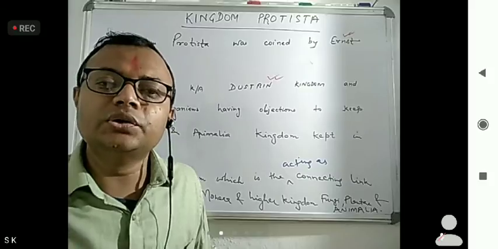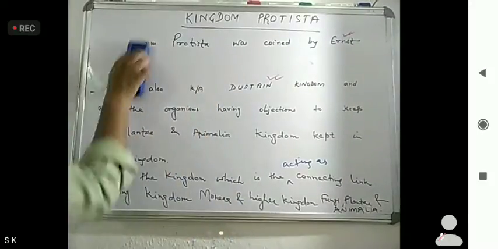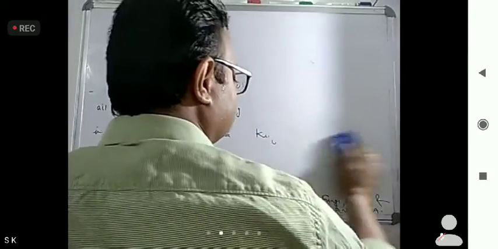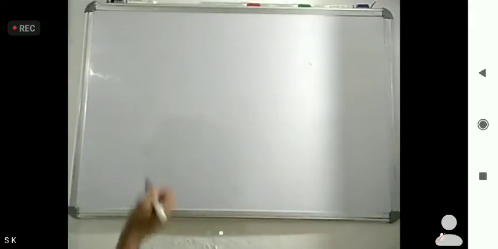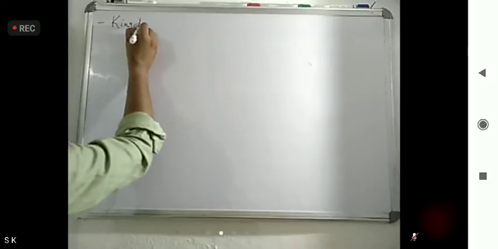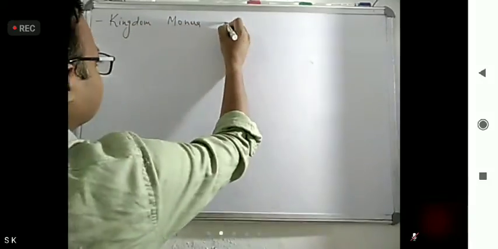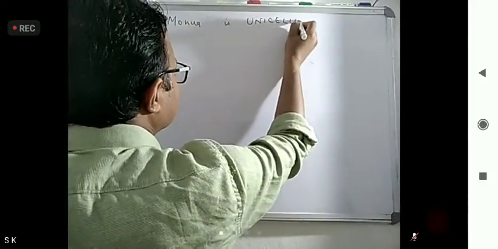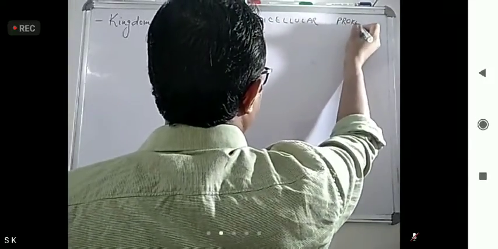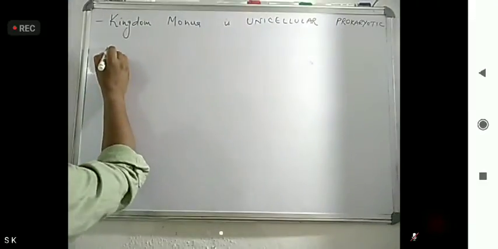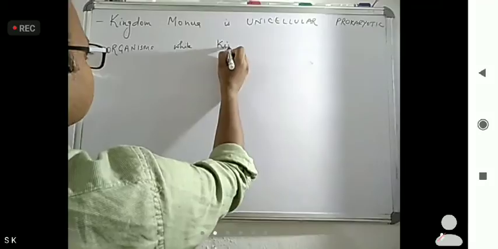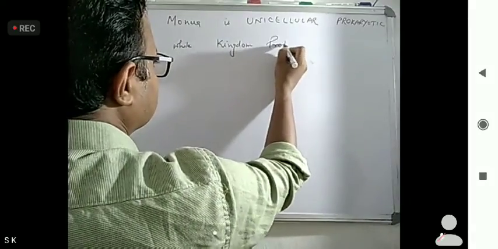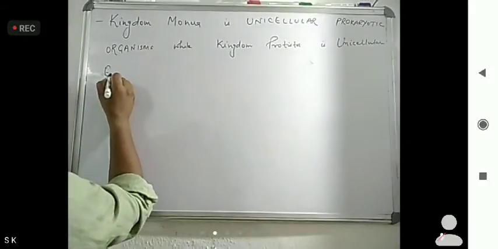Kingdom Monera is unicellular prokaryotic organisms, while Kingdom Protista is unicellular eukaryotic organisms.